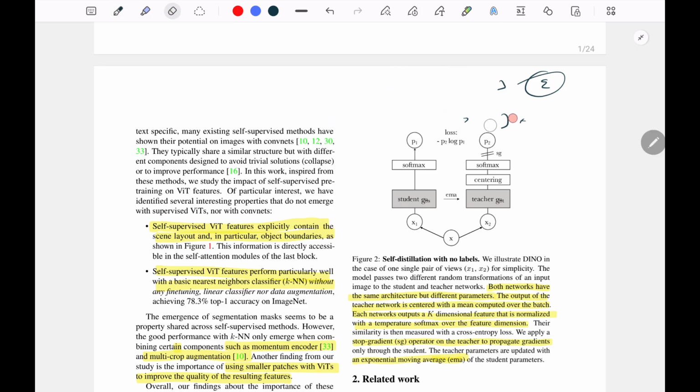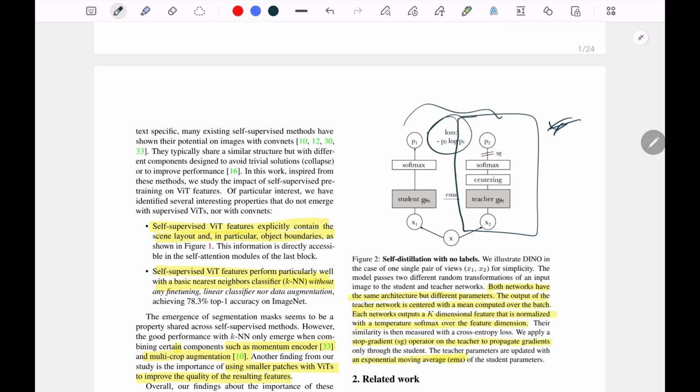Initially, they don't do any gradient propagation on the teacher side. They pass the image through both the teacher and the student and compare the outputs with cross entropy, but they don't do backprop on the teacher side.